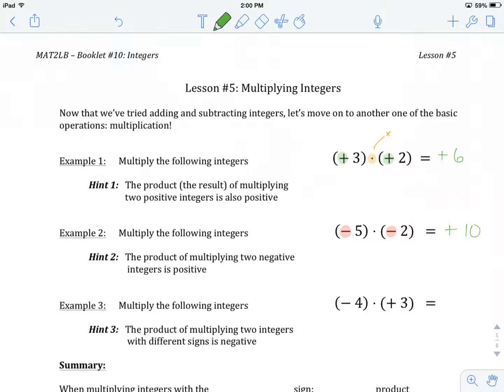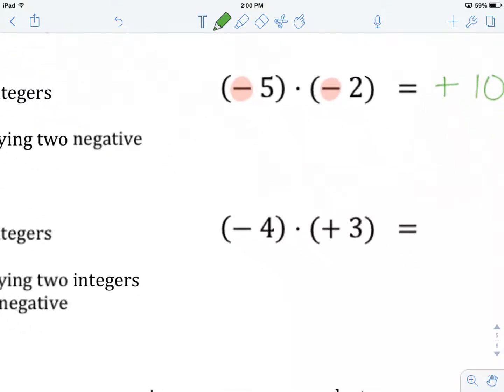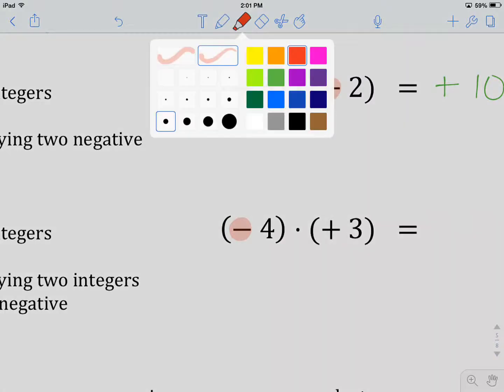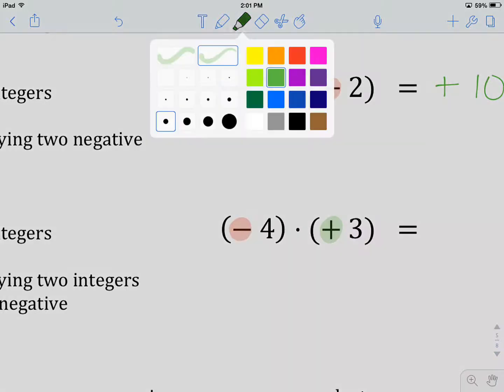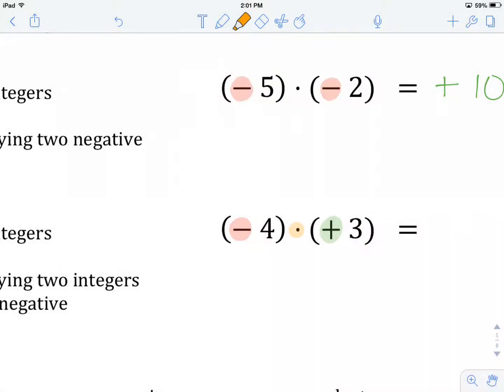Lastly, let's take a look at example number 3. Again, multiply the following integers. This time we have minus 4 times positive 3. So this isn't like one that we've seen yet. We have a negative first integer followed by a positive second integer. Again, being multiplied. That's the little dot in between them there and in the one before it. That means multiply.